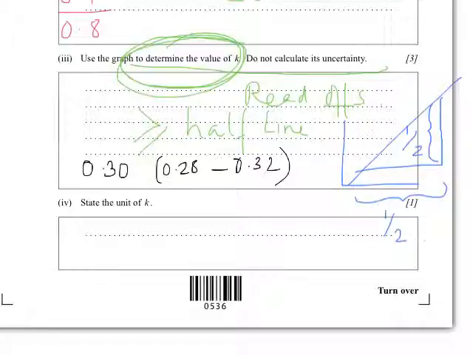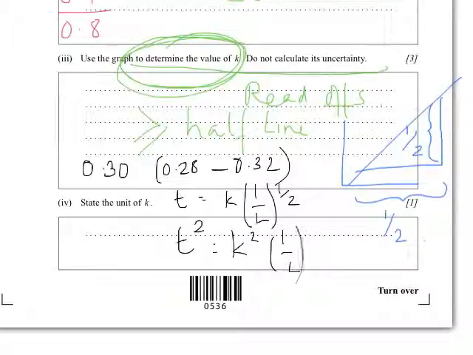Now if we go back to the original equation, it was t equals k times l to the half, and in order to make that linear, we make t squared equals k squared l. So on the line that you've worked out the gradient, your gradient is actually equal to k squared.